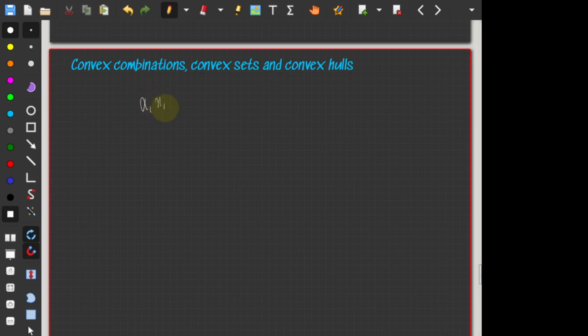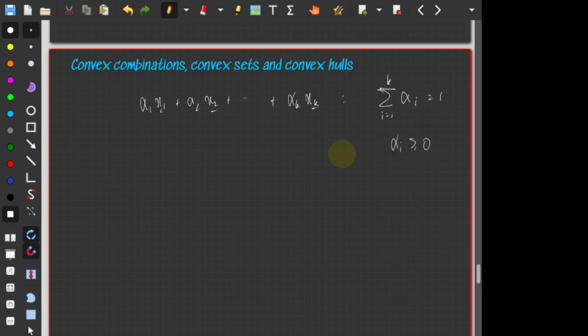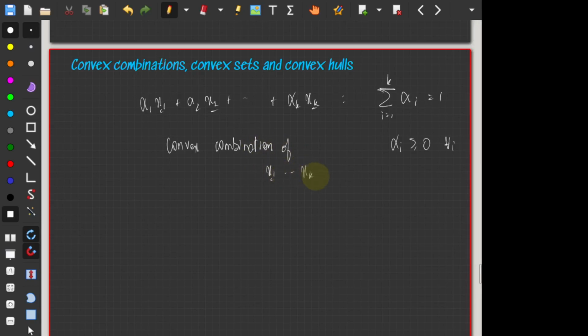So alpha 1 x1 plus alpha 2 x2 and so on up to alpha k xk, where the alphas sum to 1 and alpha i is greater than or equal to 0 for all i, is called a convex combination of x1 up to xk.